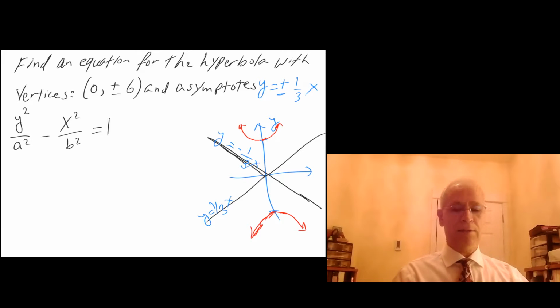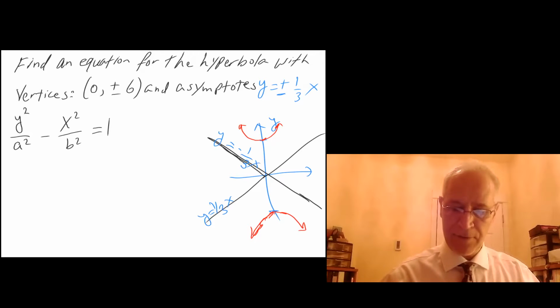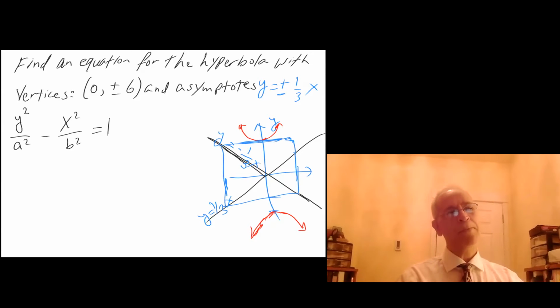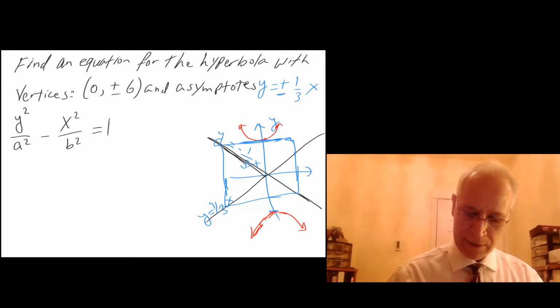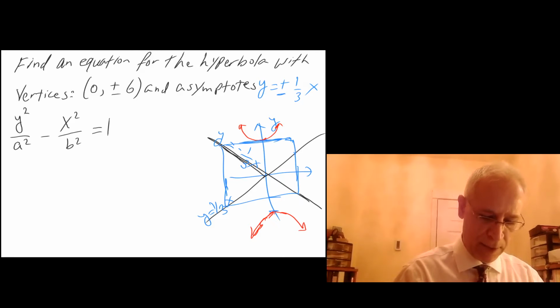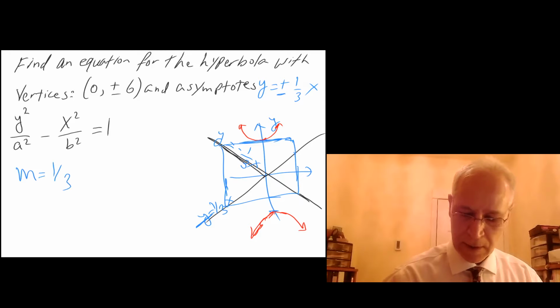And remember that when we did our reference box for a hyperbola, we used the relation of rise over run. So in this case, I know that the slope is 1/3, so m equals 1/3 for this asymptote.